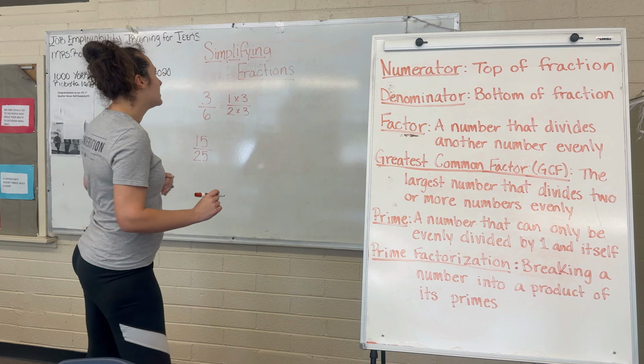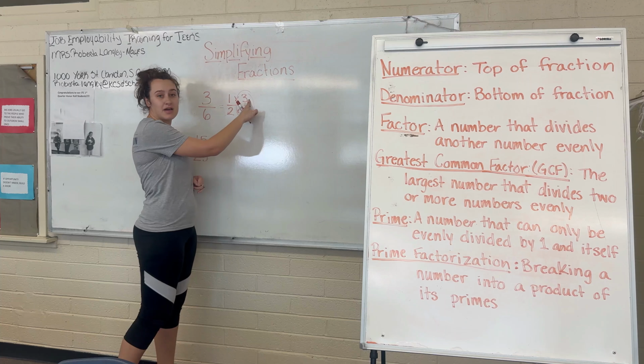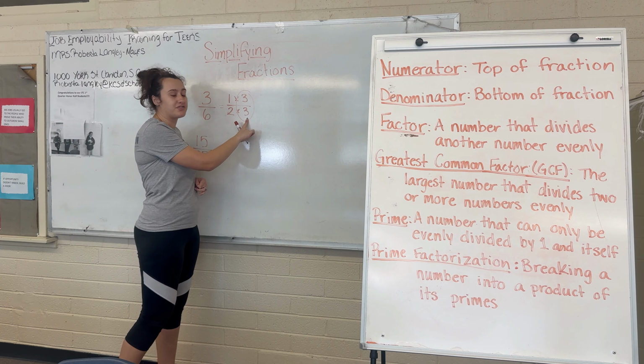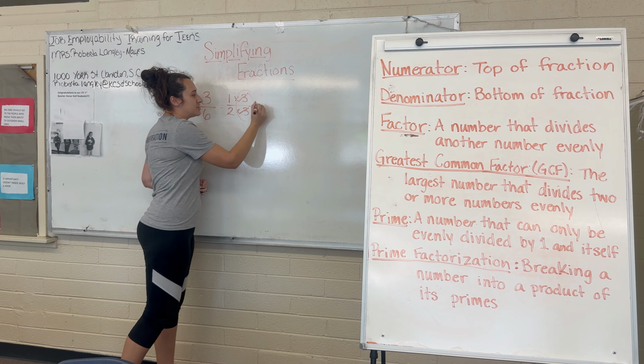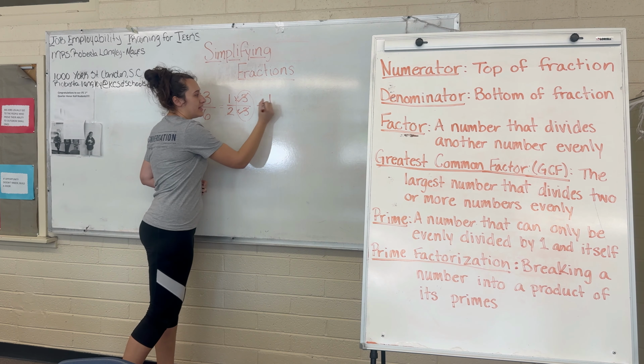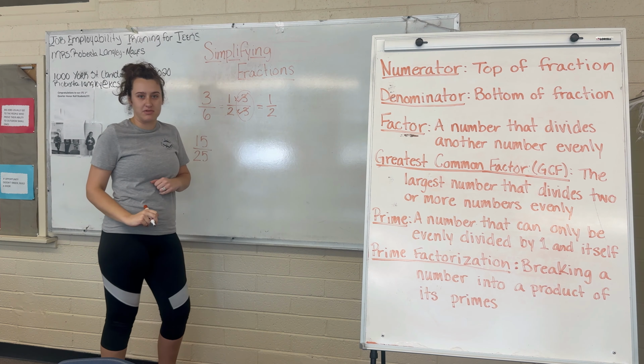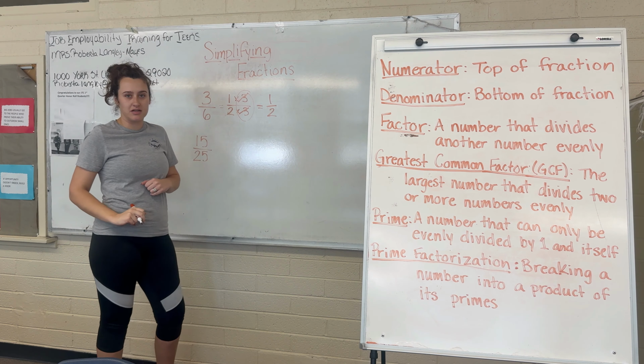In this situation, that number is 3. Because I have a 3 in my numerator and a 3 is a factor for my denominator, they will cancel each other out. And what I am left with is the 1 factor of my numerator and the 2 factor of my denominator. So that means that 3 over 6 can be simplified to 1 over 2, or 1/2.